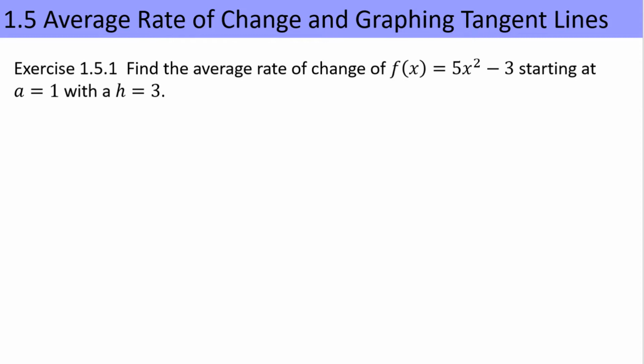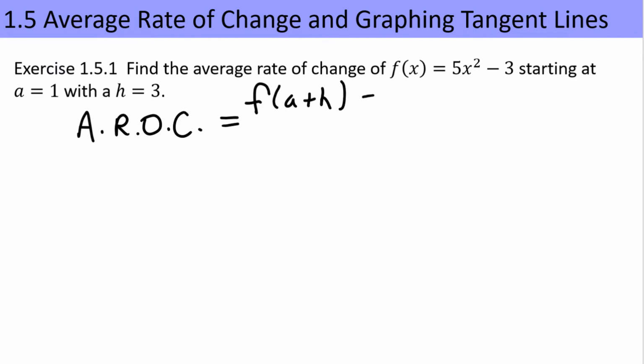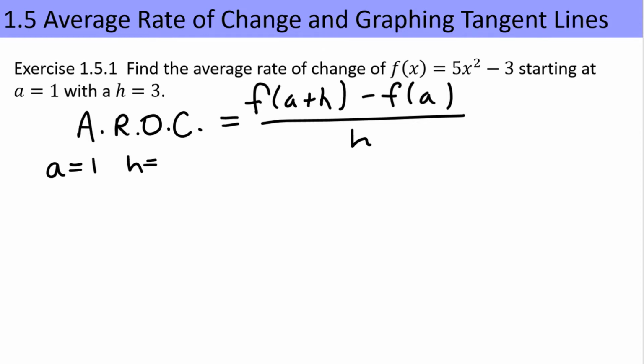Let's get used to the formulas. The average rate of change formula, one of them was f of a plus h minus f of a divided by h. Now let's match the parts. We are given in the statement of the problem that a equals 1 and h equals 3. So let's make that substitution.